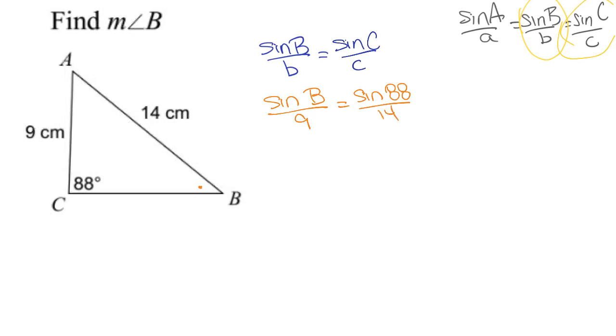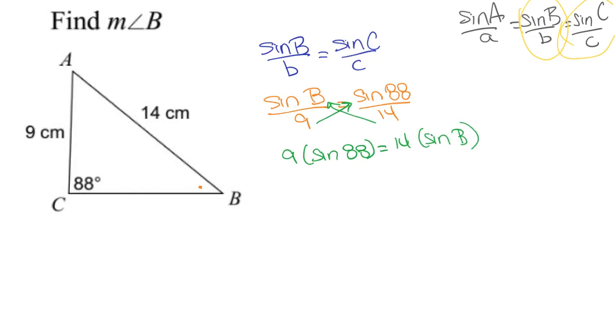I have two fractions that are equal, so I know that they are proportionate to each other. So I can cross multiply these. If I go this way, 9 times the sine of 88. And if I go this way, I get 14 times the sine of angle B.